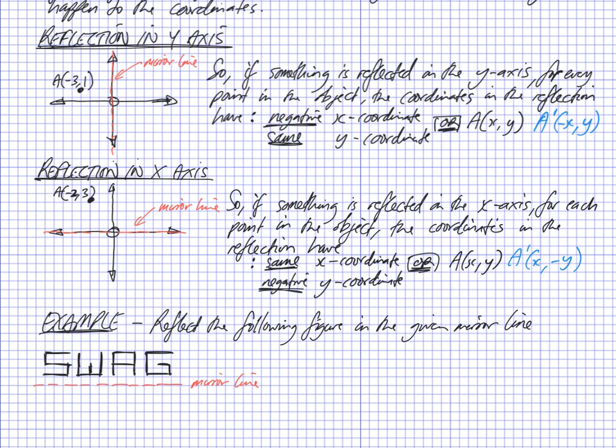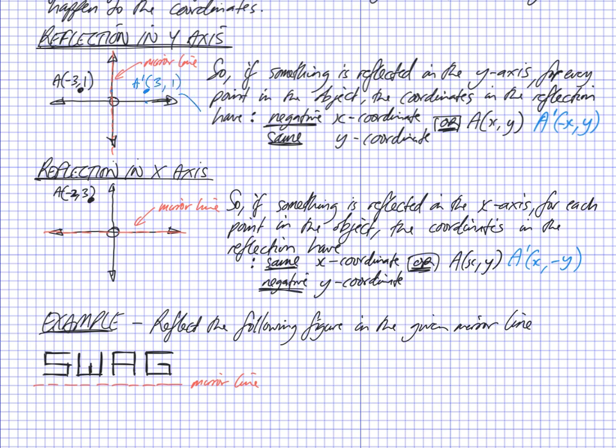So visually, I can see if the mirror line is here, the point A in the object was 1 up and 3 to the left. Well, if I'm reflecting in the y-axis, it's going to be 1 up and 3 to the right. That's the image point. But what are its coordinates? Well, you can see it's 3 across and 1 up. So 3 and 1.